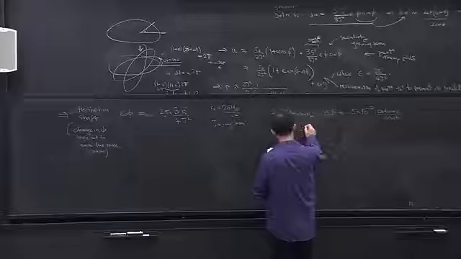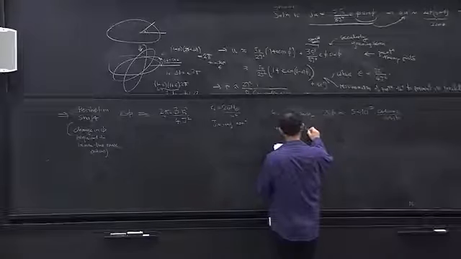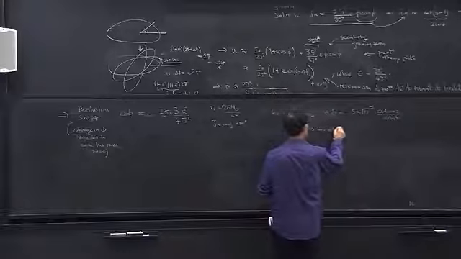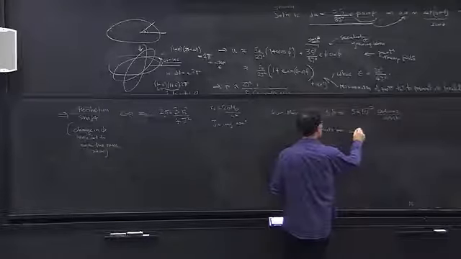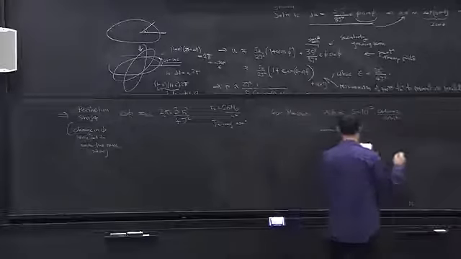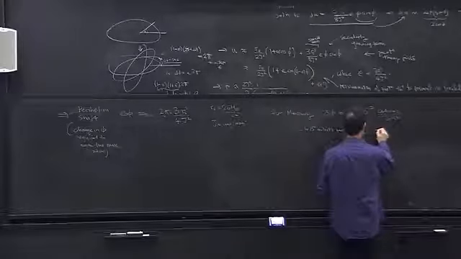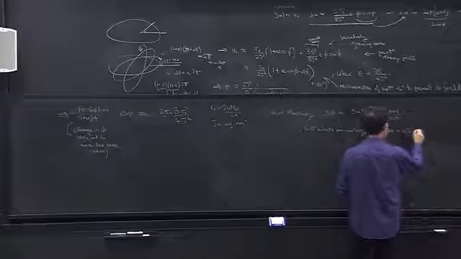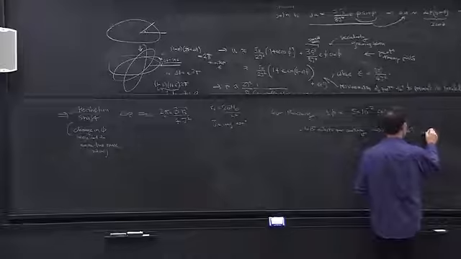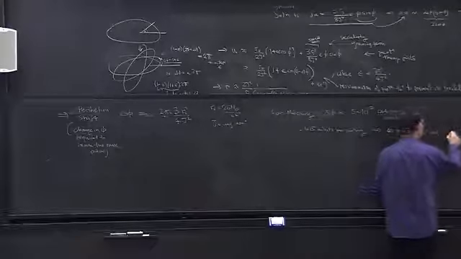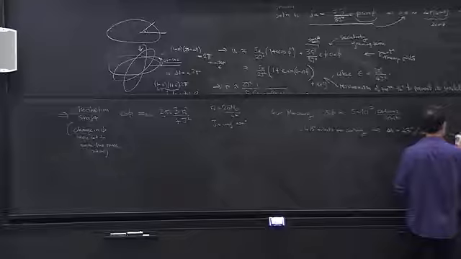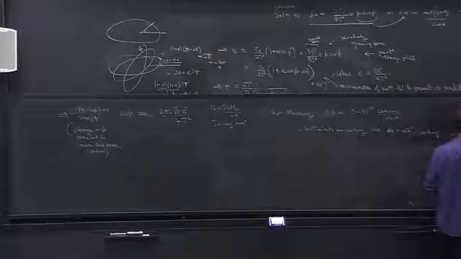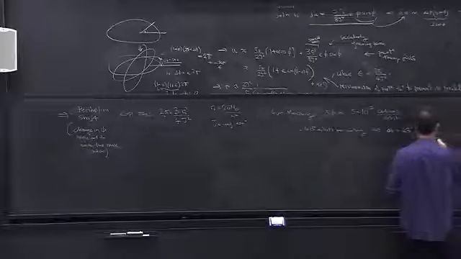Mercury has 415 orbits per century. And so this leads to delta phi equals 43 arc seconds per century, in precise agreement with the astronomical anomaly.